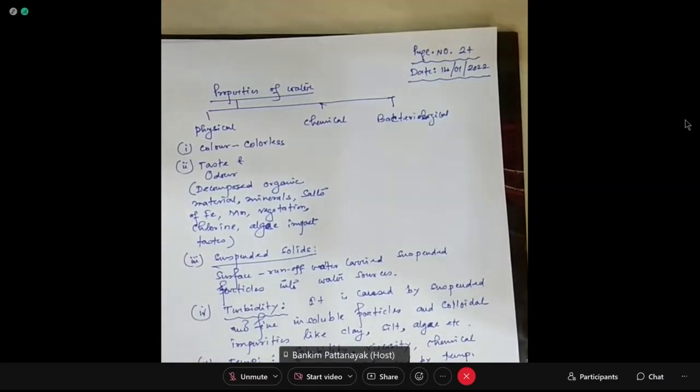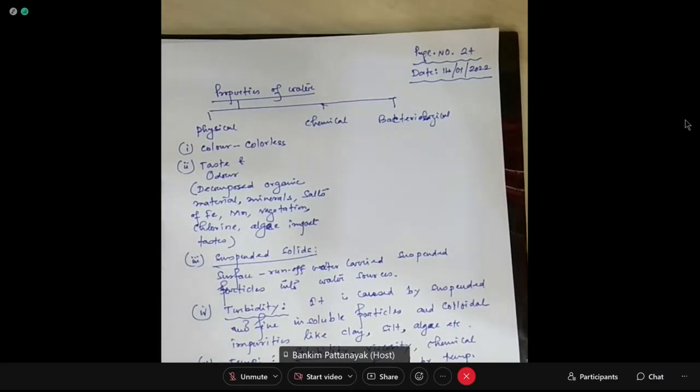For example, if you increase the temperature, it can dissolve more salt or any soluble material. It will take on more if the temperature increases. But when the temperature drops, once again, the solubility decreases. Similarly, if you increase the temperature of water, its viscosity reduces. Once again, when the temperature decreases, the viscosity increases.